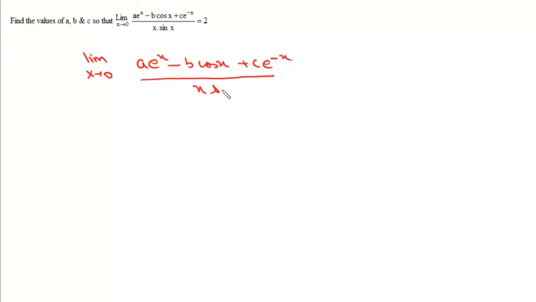Now the question is, find the value of a, b and c so that this limit is equal to 2. We are given that this limit x tends to 0, a into e to the power x minus b cos x plus c into e to the power minus x upon x sin x, and it will be equal to 2. Now we'll solve this question using series expansion. So we'll write this as limit x tends to 0.